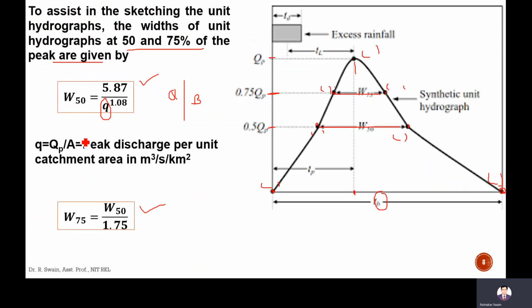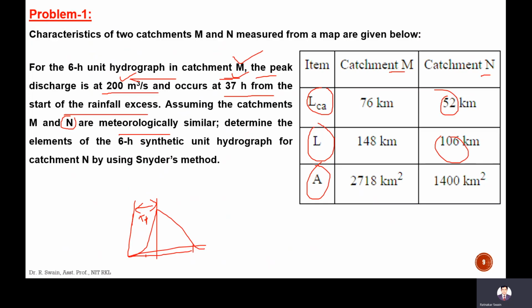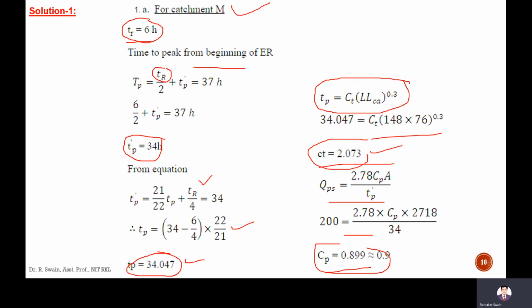This small q is QP by area, not Q by B. Actually in the conventional flow in the earlier case, in previous classes we took this Q by B. That's why I thought it is Q by B. Oh, actually it is Q by area. Okay, peak discharge per catchment area, meter cube per second per kilometer square. Okay, the small q is the peak discharge per unit area. Okay, that we have to take.